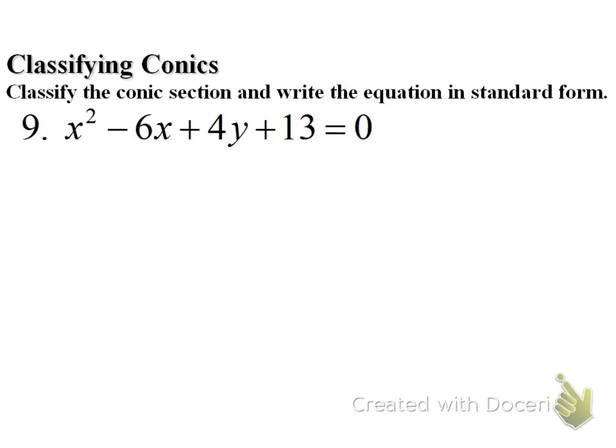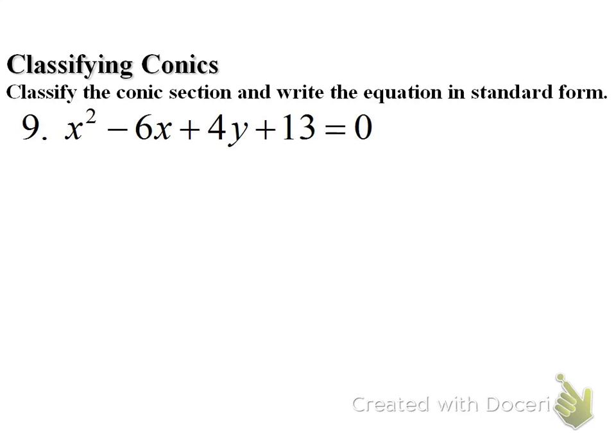What's with your y squared term? 0. There is no y squared. So this would be 0 squared minus 0. So we are getting 0 for our b squared minus 4ac.